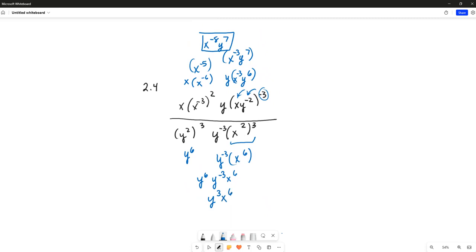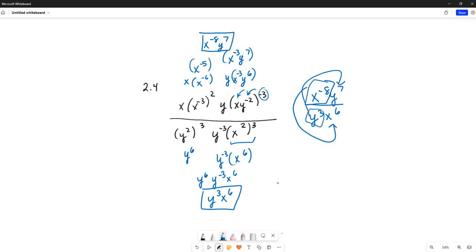All right, and then in this example, they leave everything in the numerator and the denominator positive. So I'm going to rewrite it over here so you can see that, over y to the 3rd, x to the 6th. I'm going to take this x and bring it down to here, and I'm going to take the y and bring it down to here.